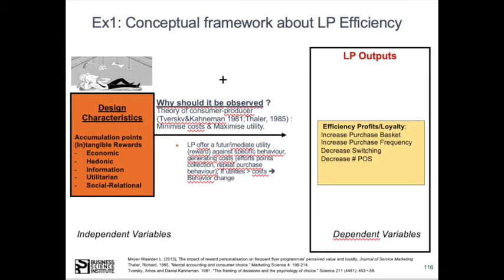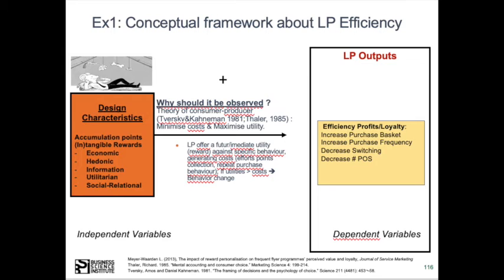We have the impact of loyalty programs on different output variables. For example, the benefits, the accumulation of points or tangible or intangible rewards, which might be economic, hedonic, informational, utilitarian, social, relational benefits, are the independent variables. They should have a direct impact on efficiency and profits, which are the dependent variables.